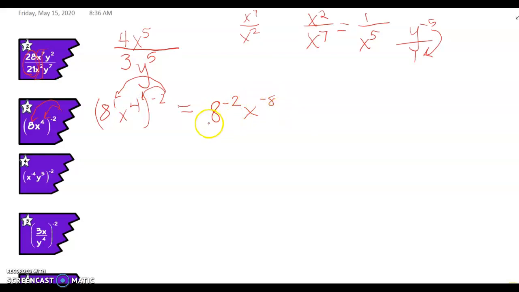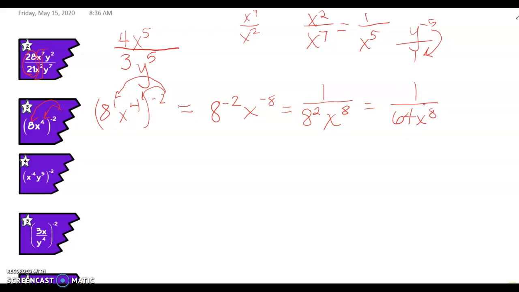Negative exponents, right now they're technically in the numerator, so I'm going to get rid of the negative aspect of it and move it down. 8 squared on the bottom, x to the 8th on the bottom. Notice the only thing that changed was positive exponents now instead of negative. The 1 on top, you have to have that placeholder. The only other thing you can do is simplify. 8 squared is 64. And you're done.